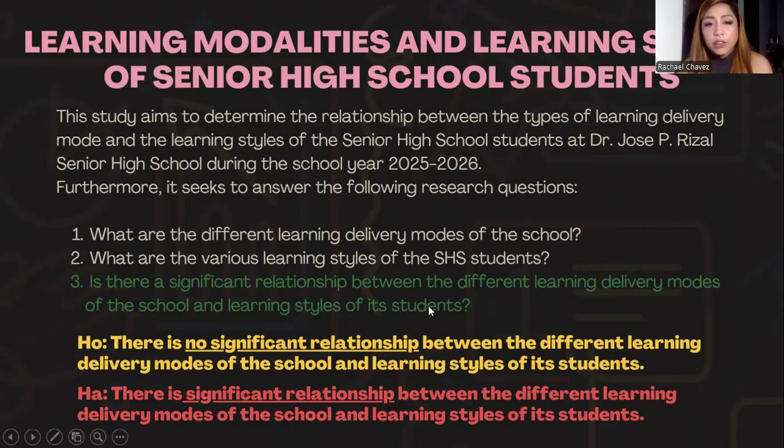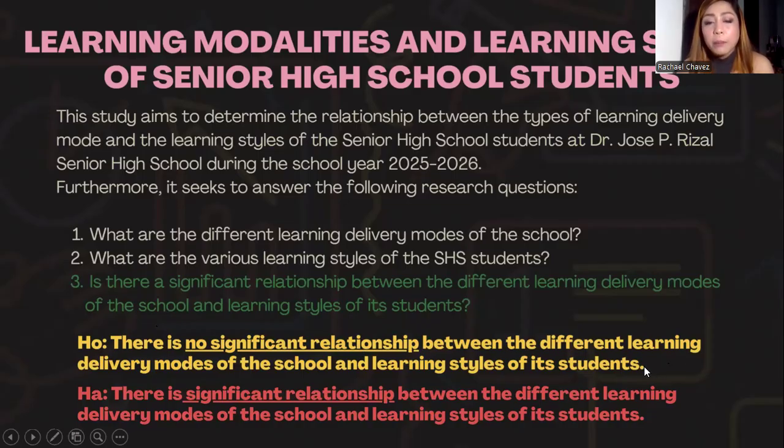And take a look at the hypothesis here. For the null hypothesis HO, i-rewrite lang natin yung tanong in a declarative form. So as you can see, is there significant relationship? Naging there is no significant relationship. Kinopy ko lang lahat ng words na yan. I've changed the is there to there is and nilagyan ko ng no to make it null hypothesis.